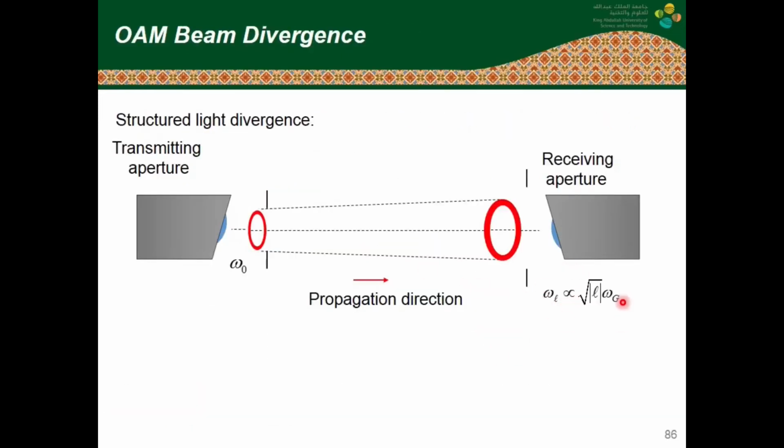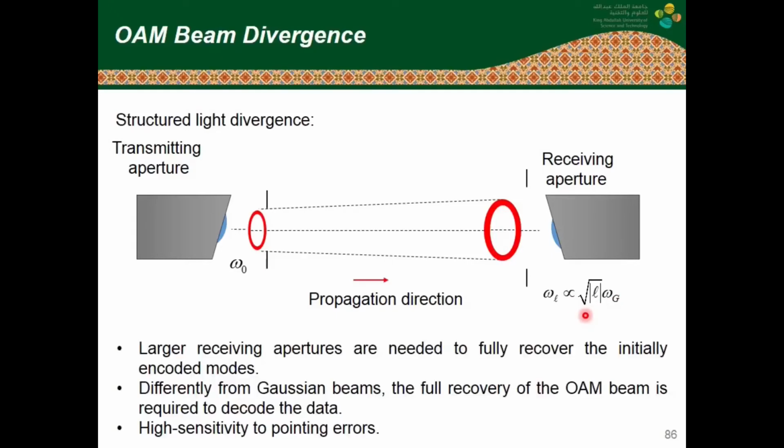For an OAM beam, the divergence scales with L, therefore larger receiving apertures are needed to fully recover the initially encoded modes. And differently from Gaussian beams, we need to fully recover the OAM beam in order to decode the data. For example, if you have a Gaussian beam and you only capture half of the beam, that's fine.